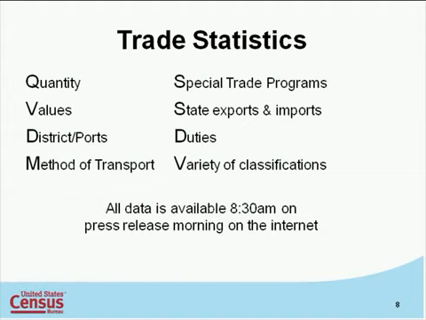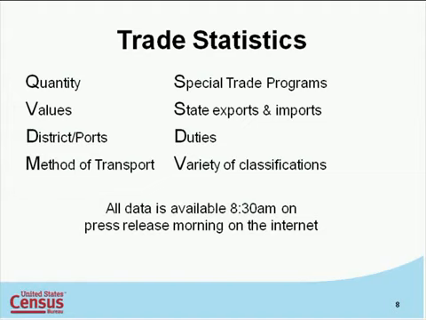Here are a few fields available in our trade data. Quantity varies by commodity, usually metric quantities. Some goods require multiple quantities to be filed. Values for commodity-specific data are published on a nominal basis to the U.S. dollar. Some summary stats are available on a seasonally adjusted or constant dollar basis.